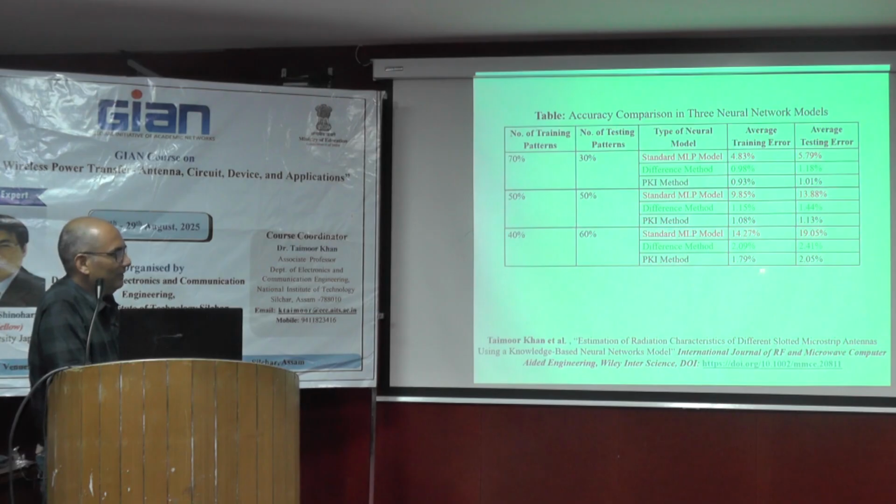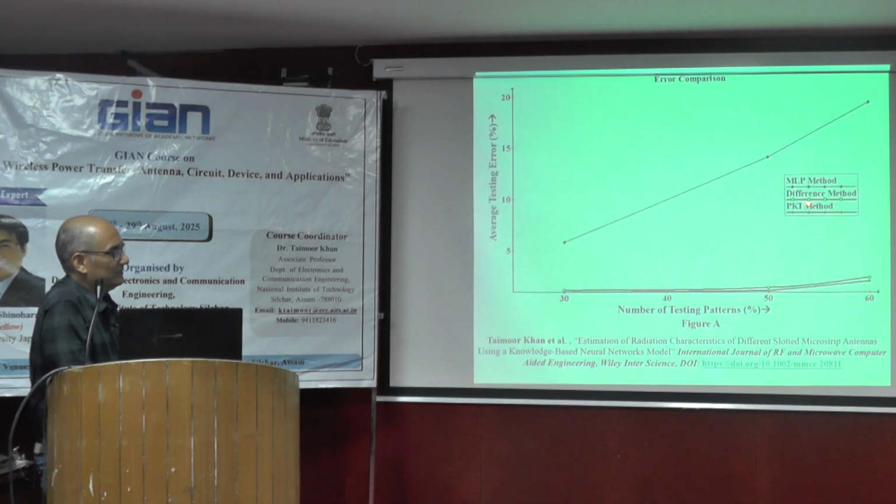Okay, then ultimately just see this one, these two cases are more accurate. More accurate means it requires a lesser amount of training as well as testing infrastructure as compared to the standard MLP. For the MLP model, difference method, PKI method, number of testing patterns versus average testing error, you can see that in both cases it is very low compared to MLP.